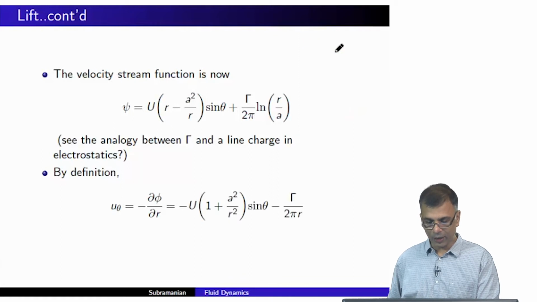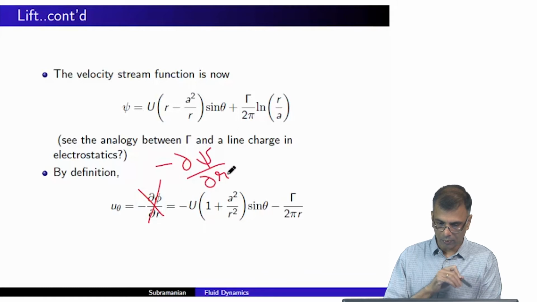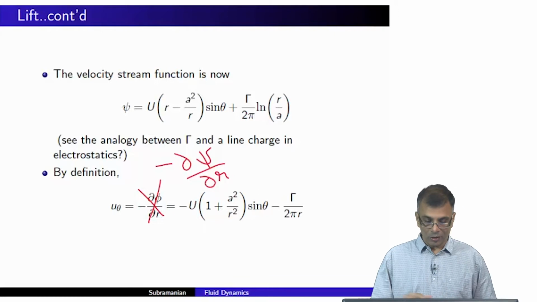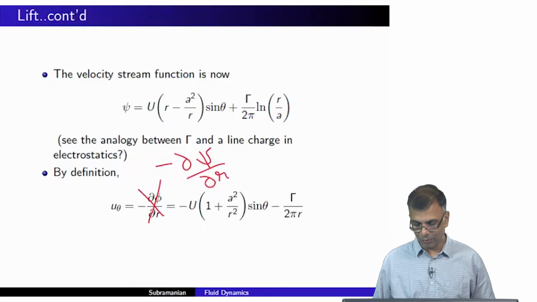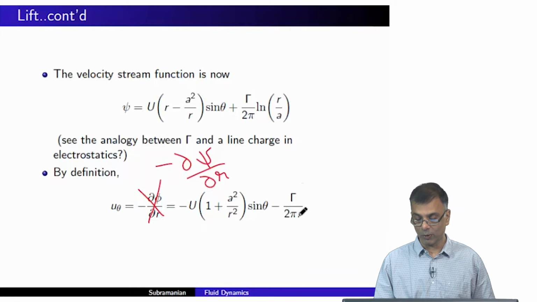I beg your pardon, there's a mistake here, this should be corrected. So you take the differentiation of this, and you can see that it becomes this. So now the theta directed velocity becomes this. Remember, there's this funny term, gamma over 2 pi r.